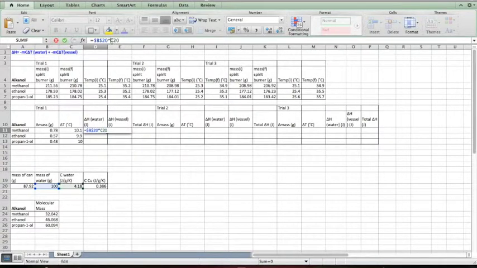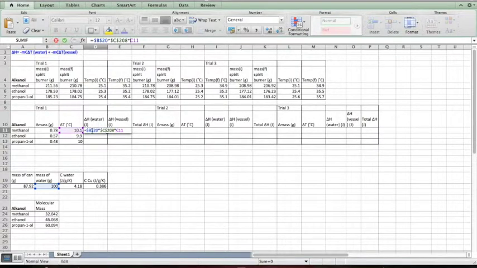Once again, we don't want that one to move when we drag it down, so we've got to put the dollar signs in front of the letter and the number of the cell. Okay, and then once again, times by our delta t. Now our delta t we do want to move as we drag this equation down.